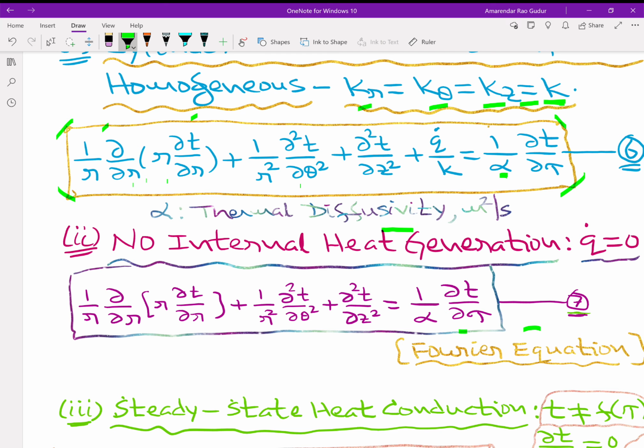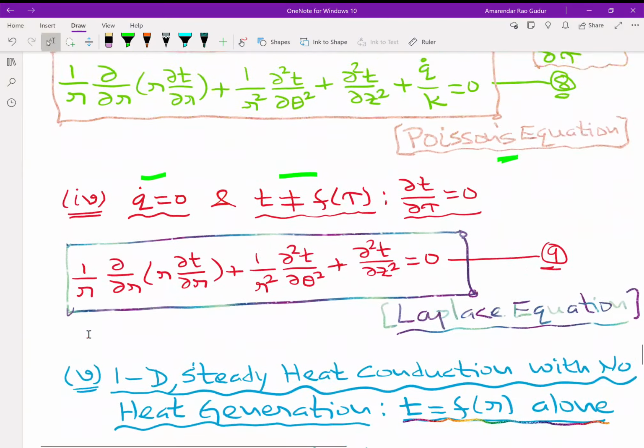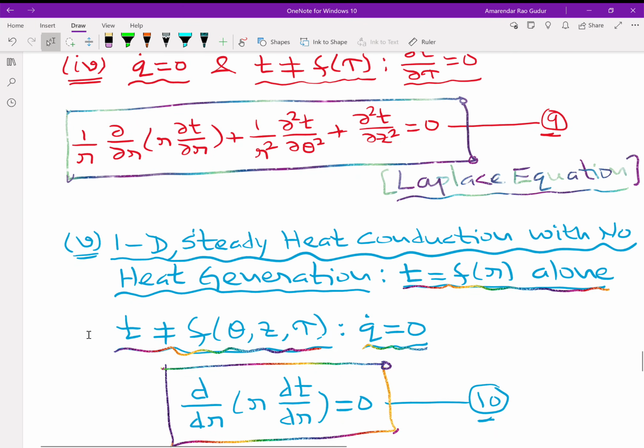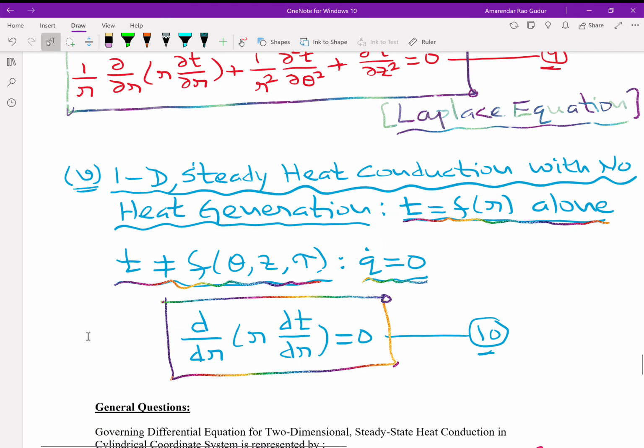Like that, this can be simplified by assuming different conditions. Now the simplest possible one, which can be easily handled, is 1D steady and no heat generation, which means that temperature is a function of R alone. That is, temperature is independent of theta, Z and time, and no heat generation. And when temperature is a function of R alone, del can be represented by D. Since everywhere we have 0, this R will vanish. We are going to have d by dr of r dT by dr is equal to 0. And this equation can be handled easily using ordinary mathematics.